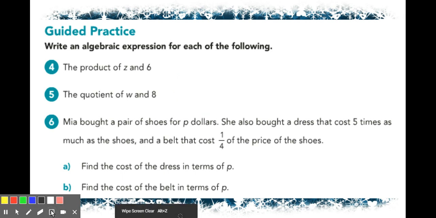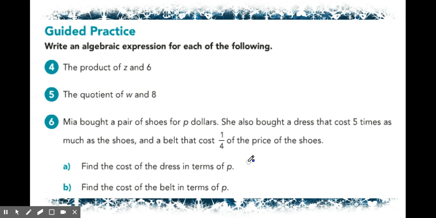The next one, it says Mia bought a pair of shoes for $P. She bought a dress that cost 5 times as much money as the shoes, and a belt that cost 1/4 of the price of the shoes. Part A says find the cost of the dress in terms of P. In terms of P means I need to have P in my expression.